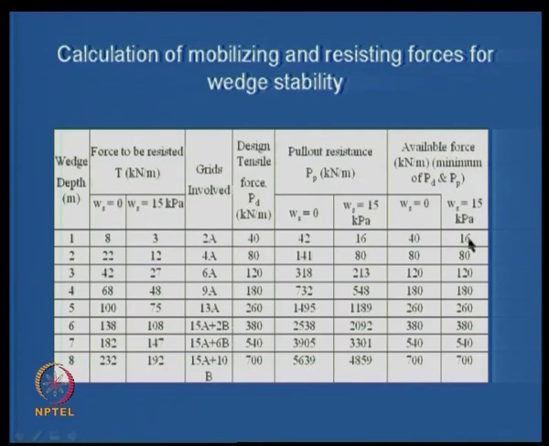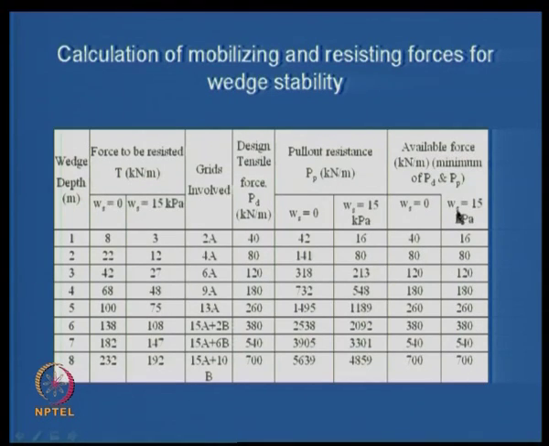See that you have to compare, both of them you have to compare. Available force, minimum of PD and PP, okay, 40, okay. So, here it is 80, okay.